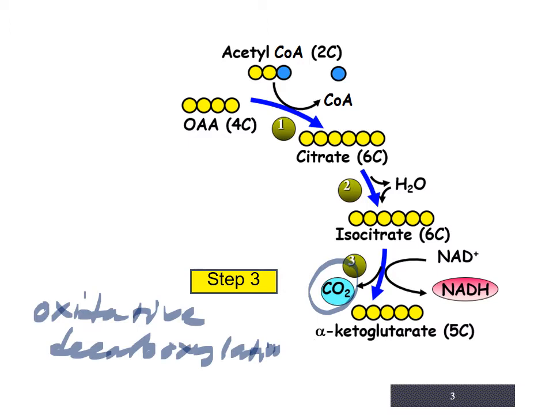Subsequently it will form alpha ketoglutarate, the 5 carbon molecule. So NAD plus will receive the 2 hydrogen atoms from isocitrate, and then NAD plus is reduced to NADH plus H plus. So this is what happens in step 3.